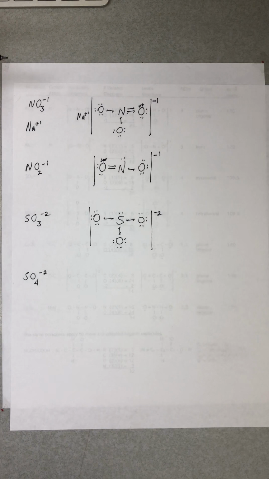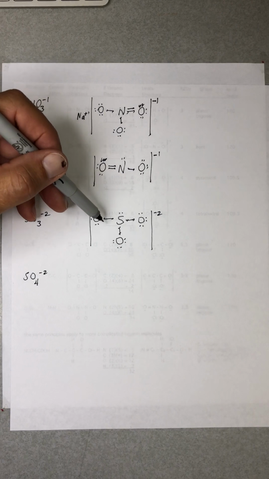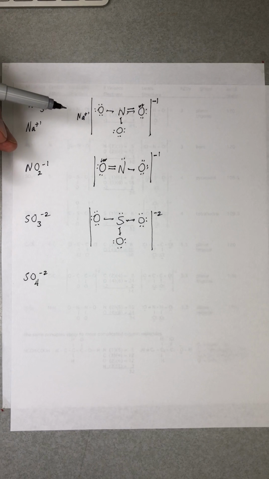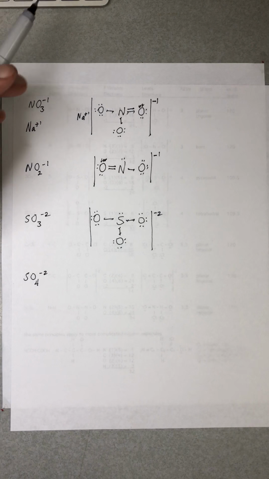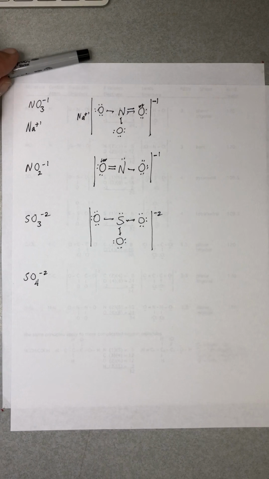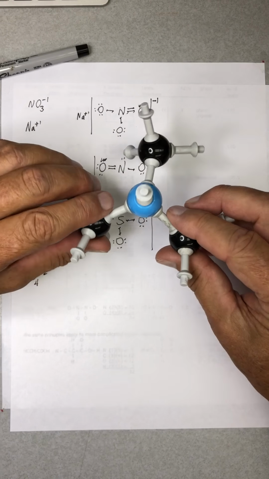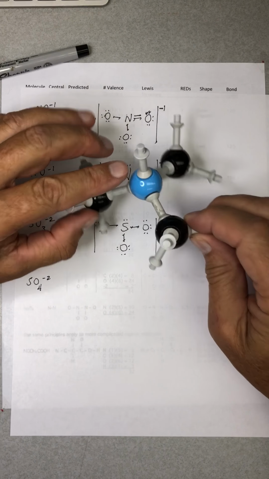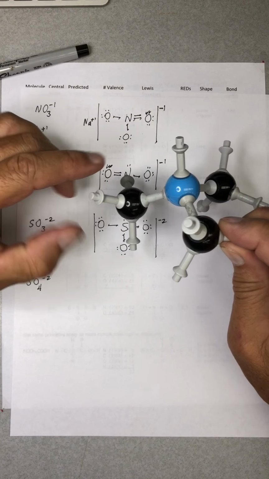So I have 4 regions of electron density. 1, 2, 3 that are bonding and 1 that is non-bonding. So the shape should be pyramidal. So here's a model of this. So the blue is the sulfur. You can see the 1 non-binding electron pair right there.